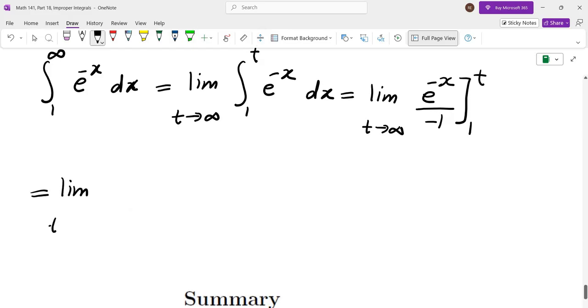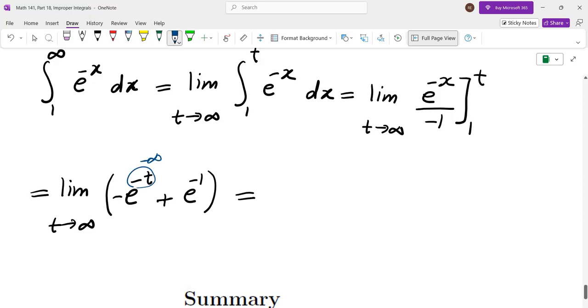We get the limit as t goes to infinity. Plug in t, we get e to the power of negative t over negative 1, and then plus e to the power of negative 1. Well, as t goes to infinity, the exponent goes to negative infinity, and e to the power of that goes to 0. So the whole thing becomes 1 over e, which is a finite number.